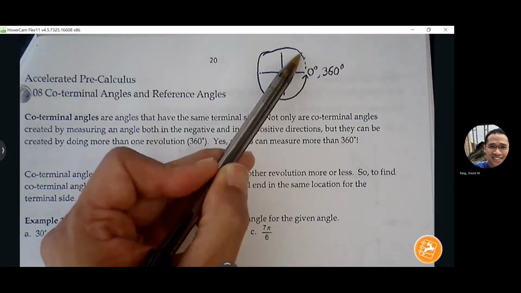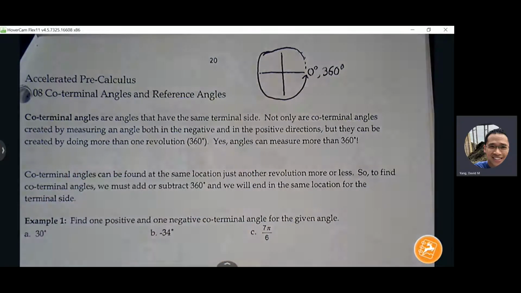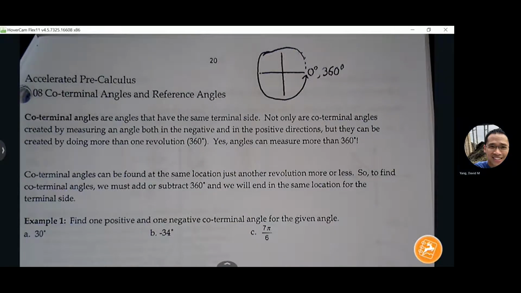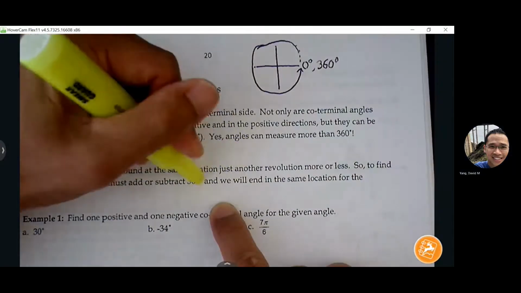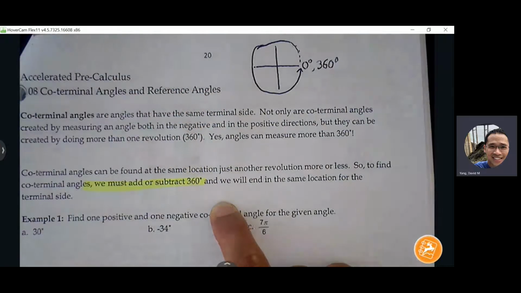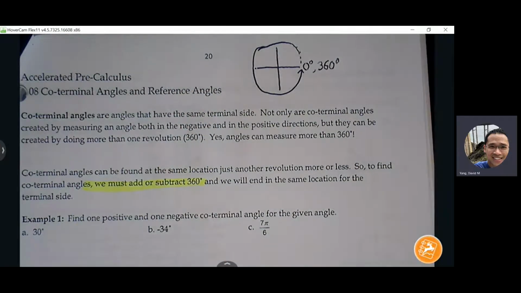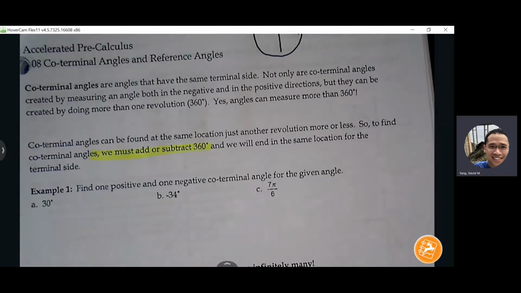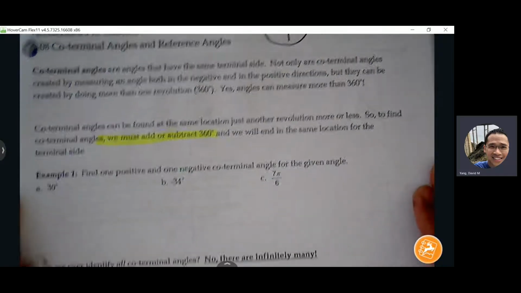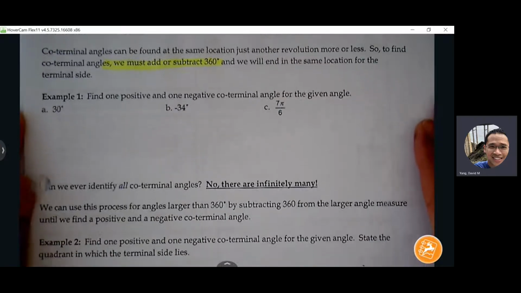It's just more rotations, but it's going to end up along that same terminal side. So that's really the extent of it. To find a coterminal angle, we either add or subtract 360. It may take a different route, but it's going to end up in the same side as that starting terminal side.